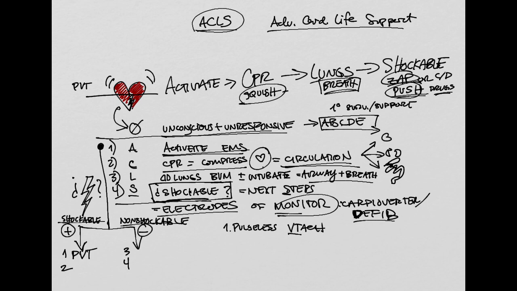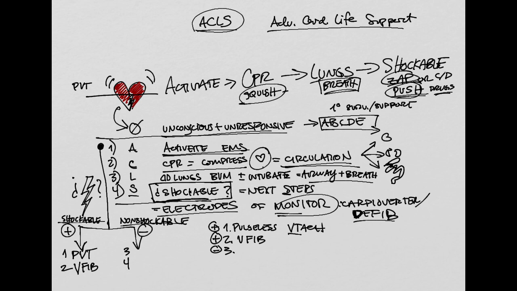The next one is going to be ventricular fibrillation. So these are the 2 you can shock. These are all the rhythms that can knock someone out and make them unconscious, right?